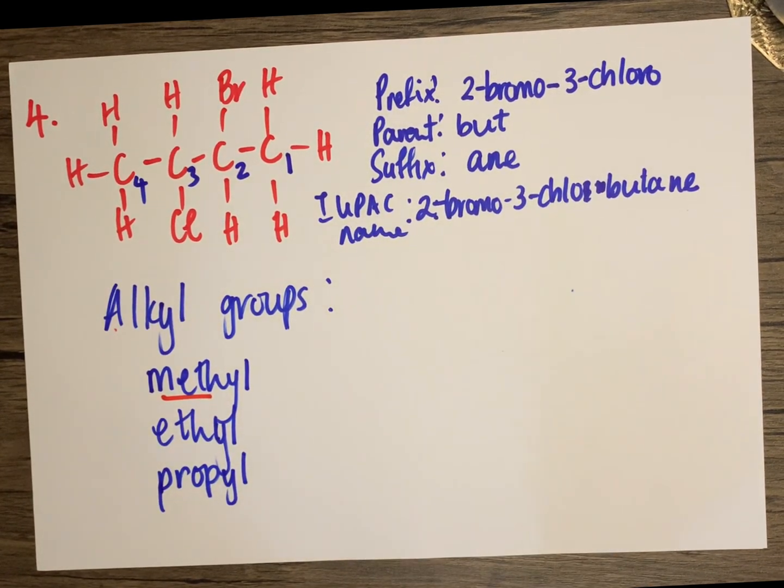From that naming of the parent chain, meth means there's one carbon, right? So you can have a carbon or substituent which contains one carbon that is along the longest chain, bonded to one of the carbons in the longest chain of the organic molecule. You can also have a substituent which has 2 carbons along the longest chain, bonded to one of the carbons that are along the longest chain.